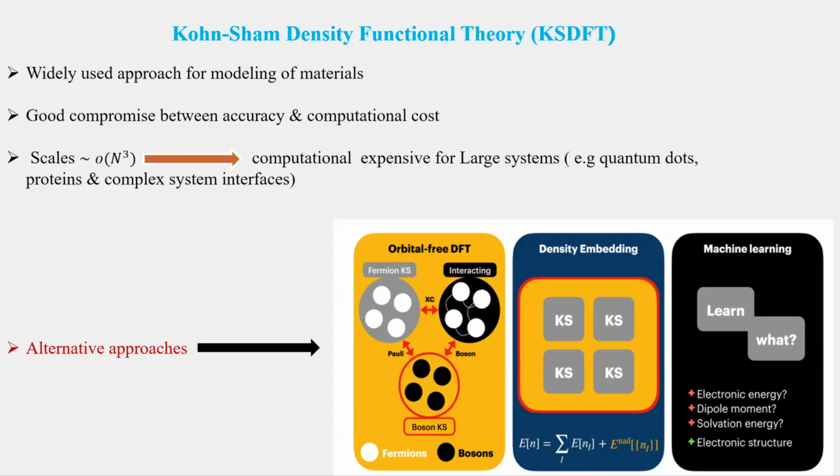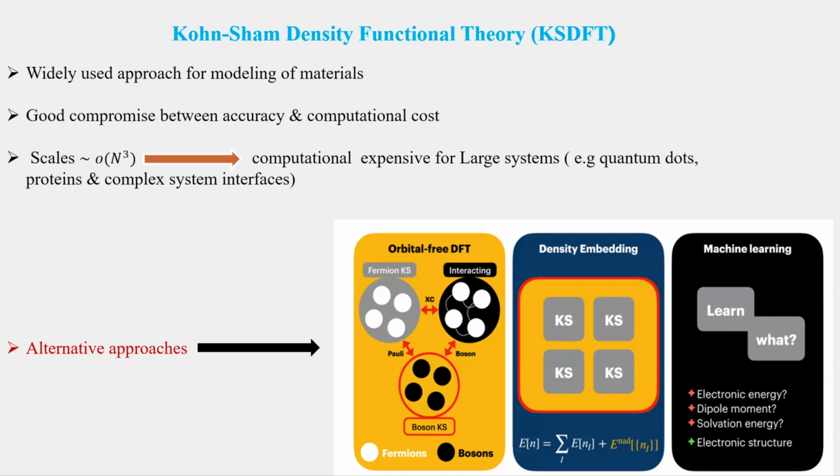However, it scales cubically with the size of the system, and this makes it computationally expensive for large systems like quantum dots, proteins, and complex system interfaces. And so there's a need for alternative approaches to handle such large systems.